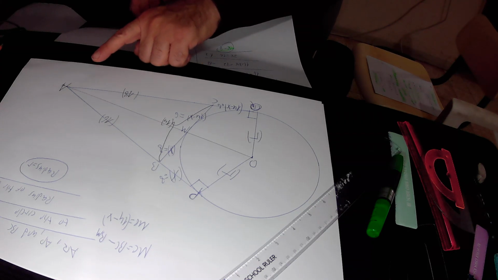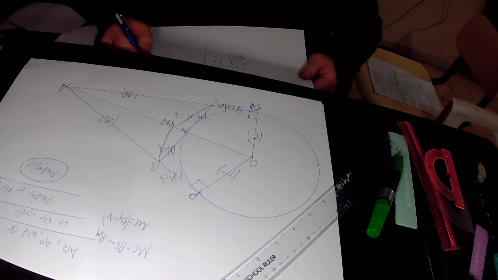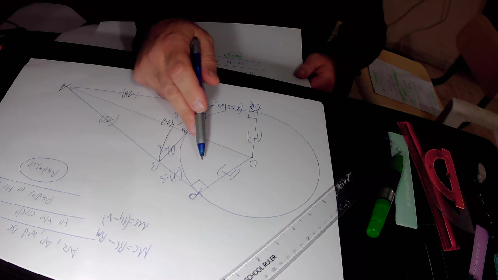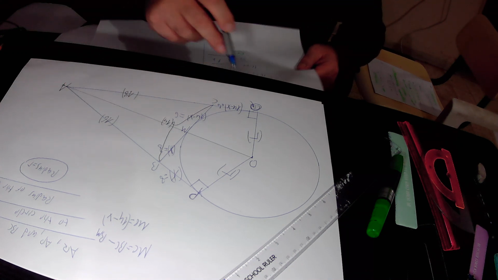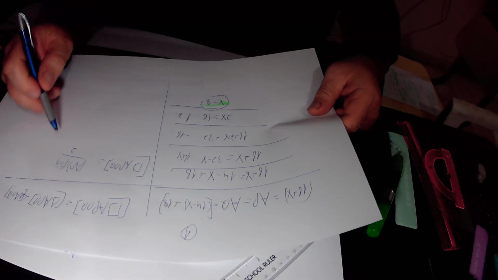We will choose the base as AP. And the height to the base is PO, because it makes 90 degrees with the base. So the height is PO over 2. So we know that the area of this upper right triangle APO equals the base AP times the height PO over 2.